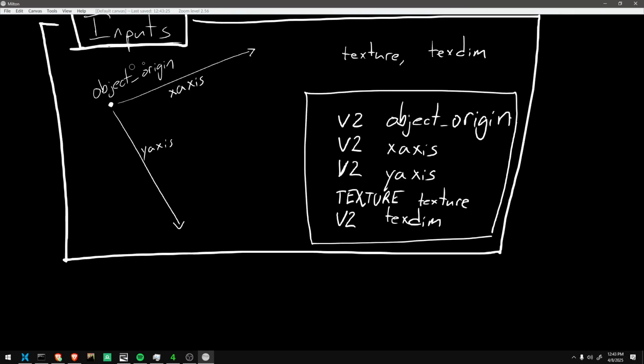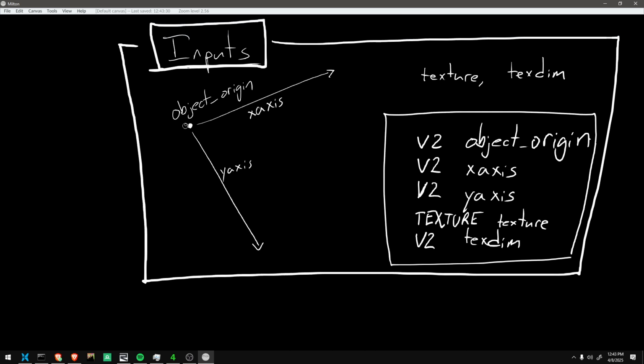So this defines a mapping from object origin, x-axis and y-axis.